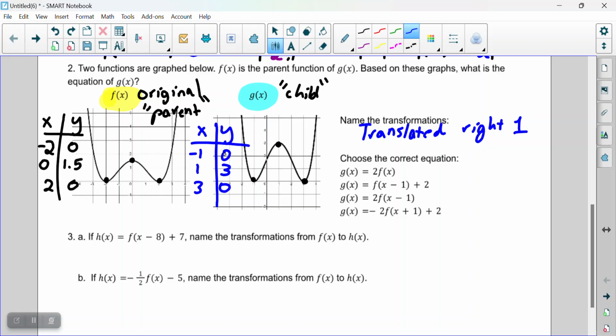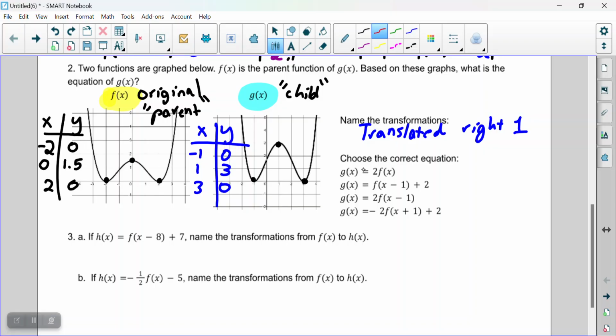If you were adding something or subtracting something, that would change. And this third point, it went from 0 to 0. So if you were adding or subtracting something, that would change. So I don't think there's an up or down shift. And if you kind of just look at them, they're both on the x-axis. Like these low points are on the x-axis, and they're still on the x-axis.